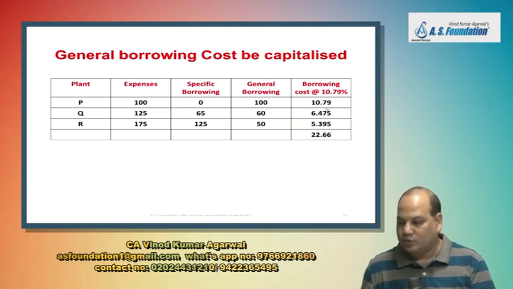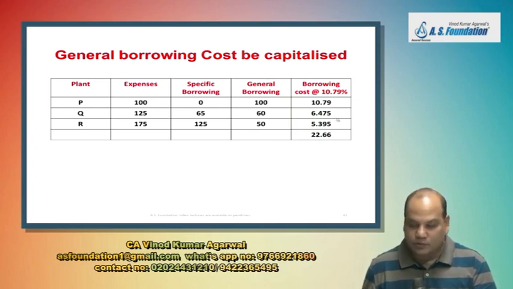So it comes to 10.79, 6.475 if you're writing properly, 6.475 and 5.395. So how much is this total coming to? Around 22.66.